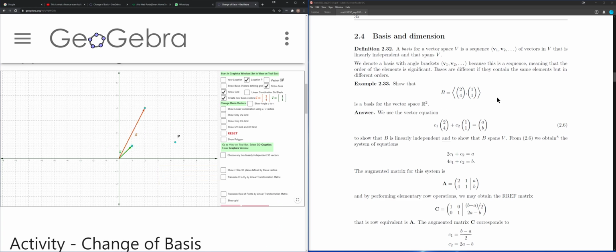Let's do this example here, and we'll go through formally the checks to see that this (2, 4) over here and this (1, 1) is in fact a basis for the vector space R2.